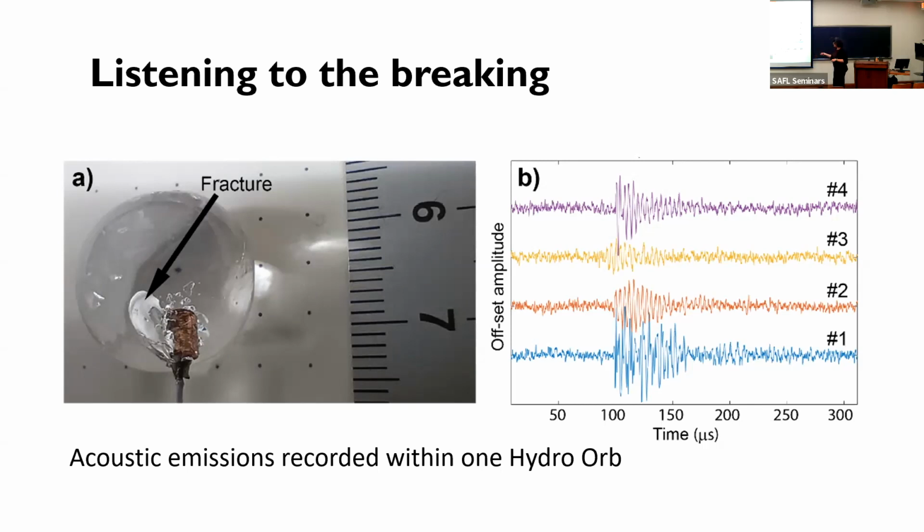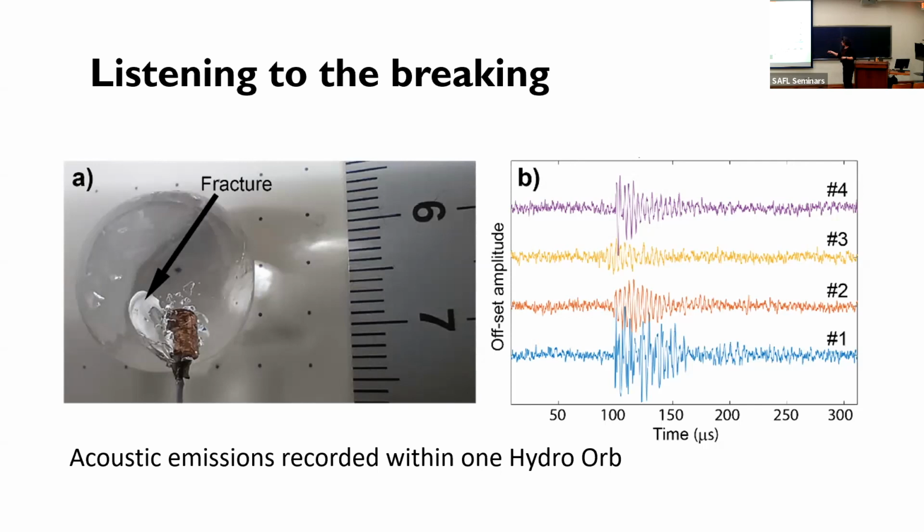What you're seeing here is a teeny tiny hydrophone, basically, that we just shove into this bead, into this hydro orb. And what's happening is it's producing a fracture. While we're shoving this into this orb, we're recording what this hydrophone basically hears. And these are some of the signals that we can record. We have time on the x-axis, and an offset amplitude on the y-axis.